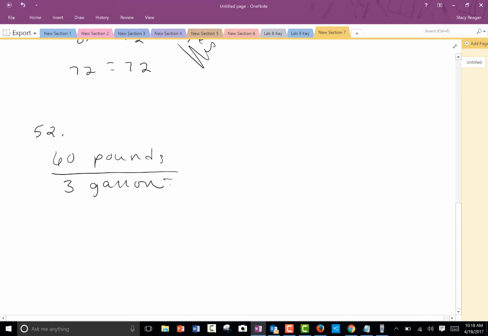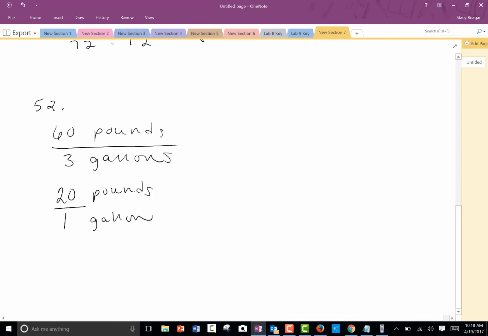When I reduce that, I put it in my calculator and do 60 divided by 3, I get 20. Since this is a ratio, you need to have two numbers, so we say this is 20 pounds of cement per 1 gallon of water. That's what it's asking you to do.